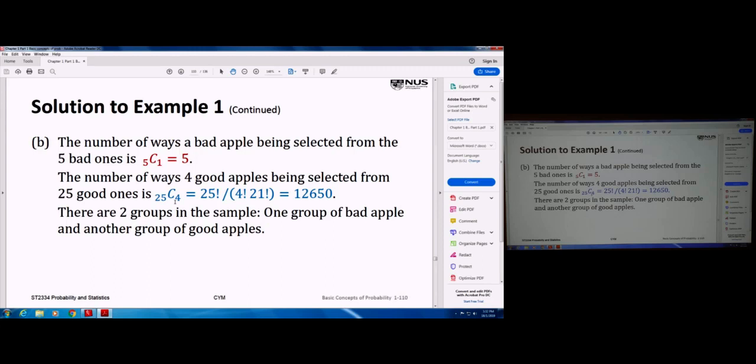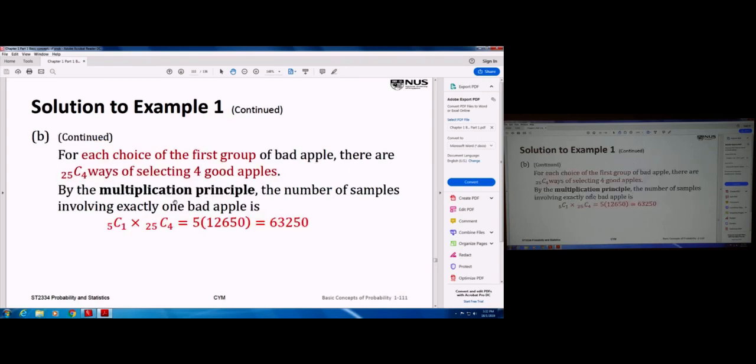So there are 2 groups in the sample, one group of bad apples and another group of good apples. For each choice of the bad apple, there are 25 choose 4 ways of choosing 4 good apples. So by the multiplication principle, I'm going to do 5 choose 1 times 25 choose 4. That's the logic: the multiplication principle. So we're combining 2 things we've learned today, the multiplication principle and combinations.